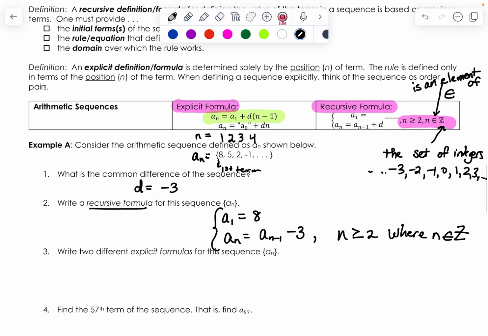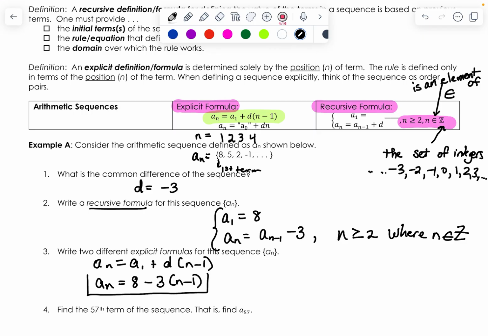Then it says write two different explicit formulas for this sequence. So I'm going to write each type down, plug in, so you can see the distinction between them. So a sub n, the first term was 8, the common difference was -3, n minus 1. That's the one I highlighted in the light green.